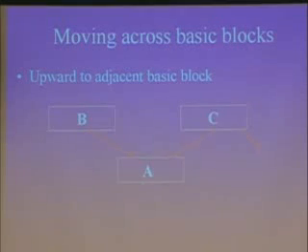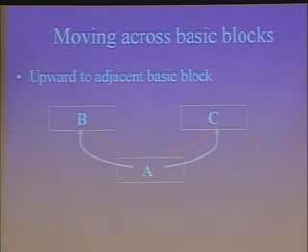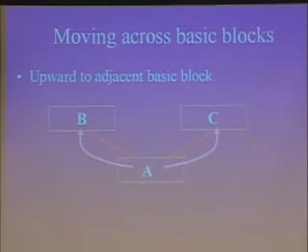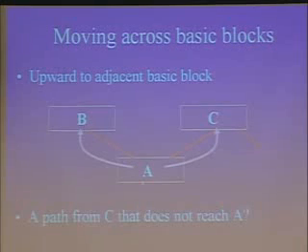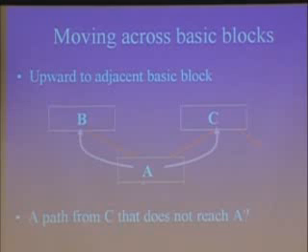The same way in here. If I want to move an instruction up, I want to make sure that instruction always gets executed. From B to A, of course, there's always a path. But from C to A, there might be a path from C that doesn't reach A. So if I execute the instruction, either it's wrong if I actually change state, or it's more work because it will never actually get executed if you go the other path.